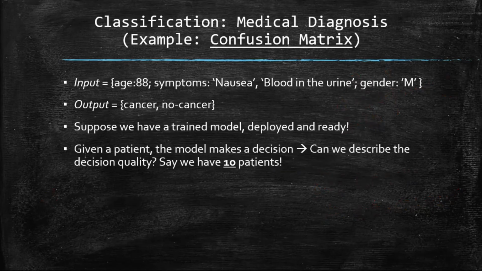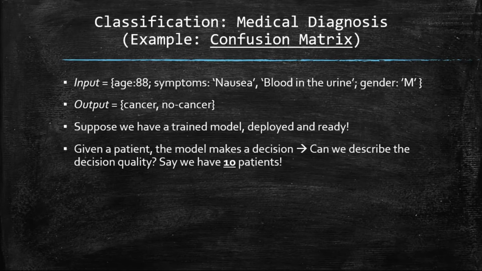Now, let's work on a nice example here in the area of medical diagnosis, right? In this example, I'm going to introduce the idea of a confusion matrix, which is a way to describe how well your machine learning algorithm is performing.